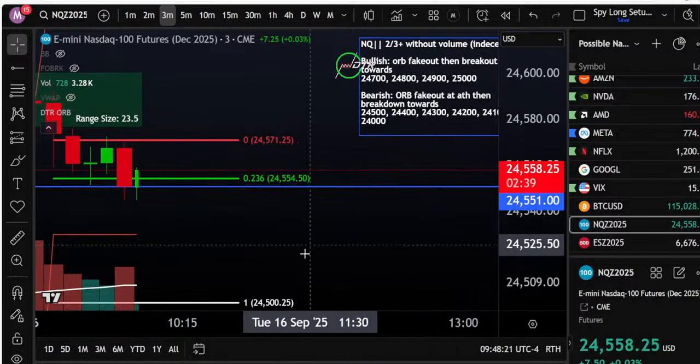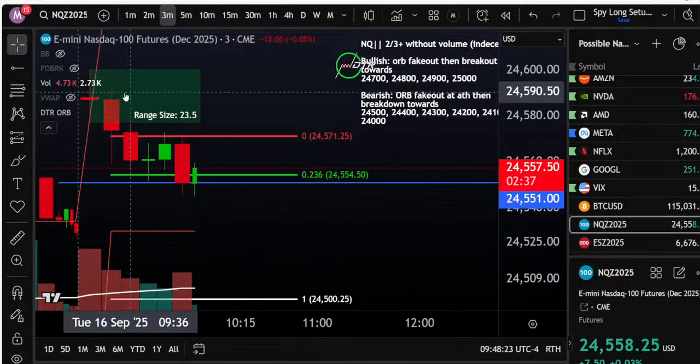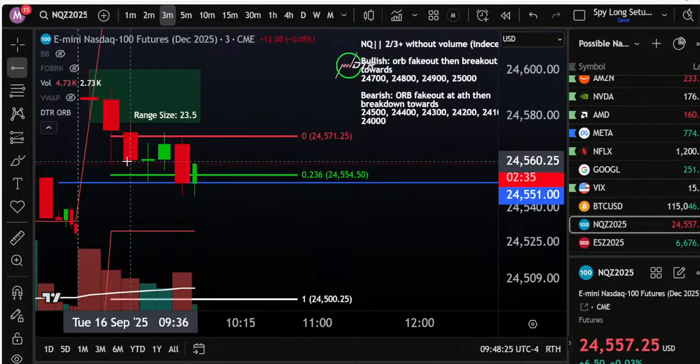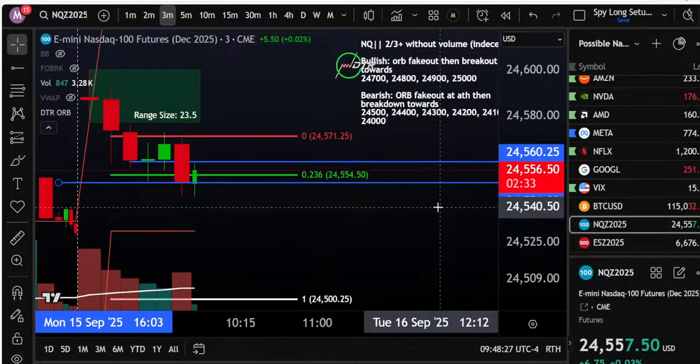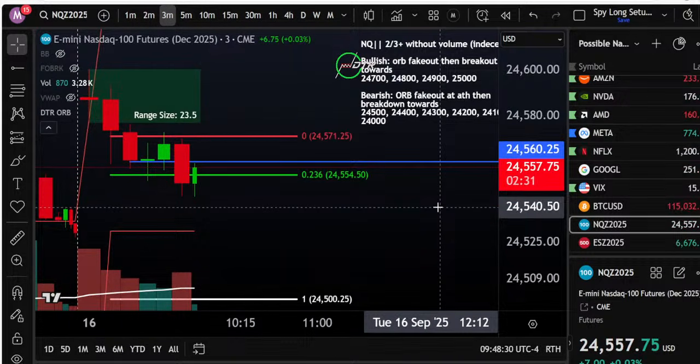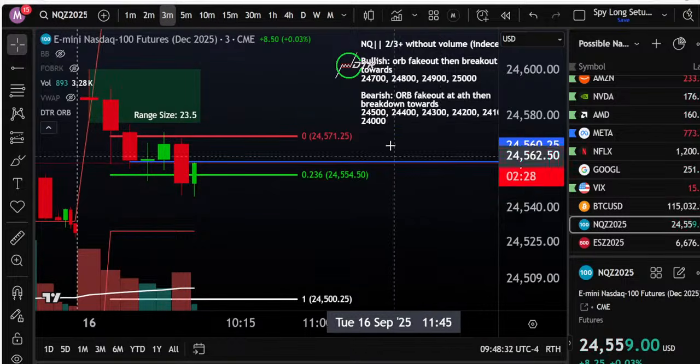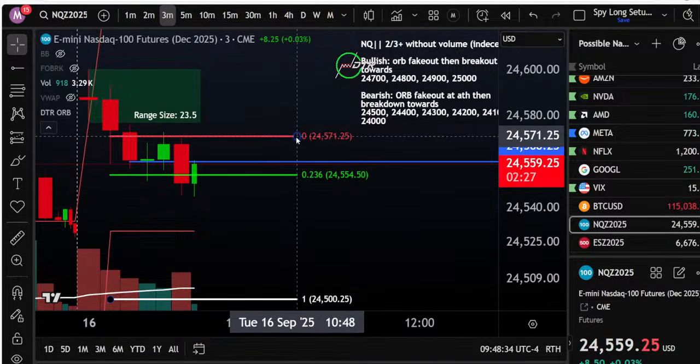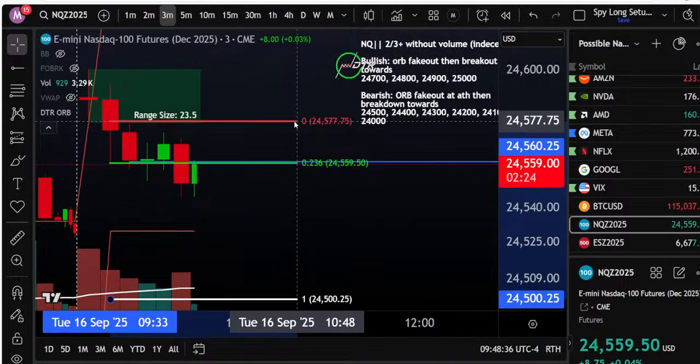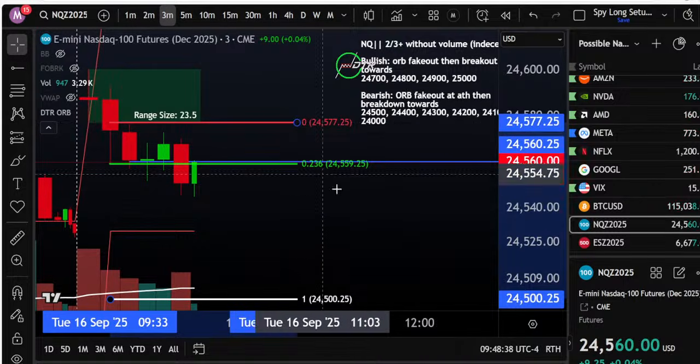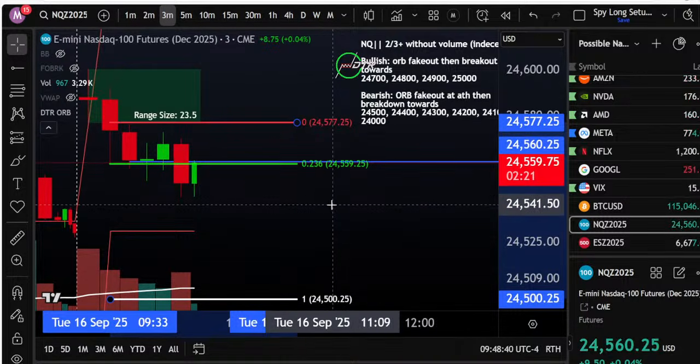So stop would have to be 571-ish. Reference price here would be 560. Again, I want to be maybe a little bit cautious here. There's kind of a part of me that wants to do that as a stop loss.